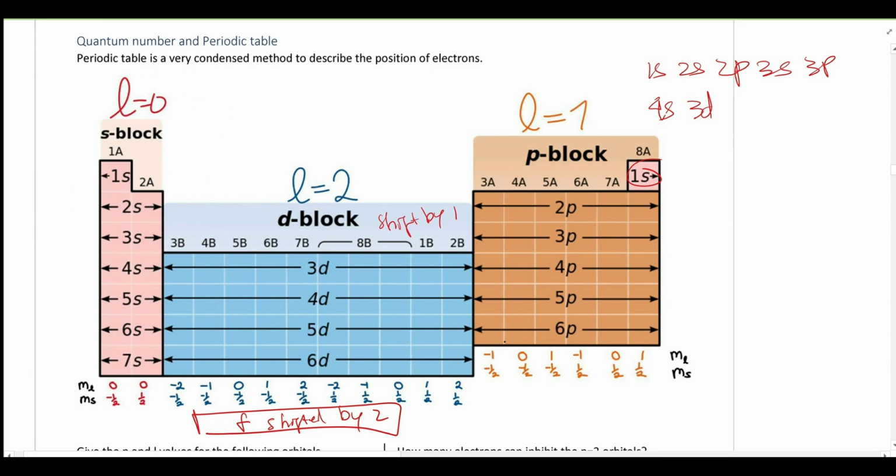The f orbitals are shifted by 2. I'll give you guys some assignment in just a bit, but that's just the point of it, that the periodic table is organized more or less in the relative energy scale of the electrons.